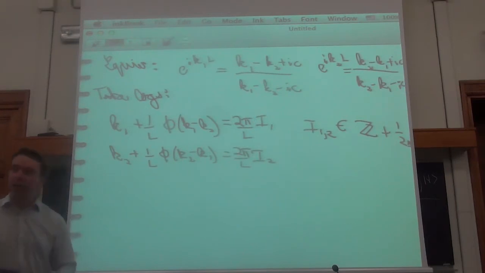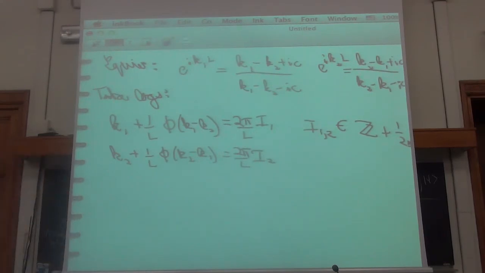The idea here is that you would like to classify your wave functions by these labels in terms of quantum numbers. So you give me your two favorite quantum numbers, and in this case, given two quantum numbers, there will be a unique solution to these Bethe equations for the two quasi-momenta.